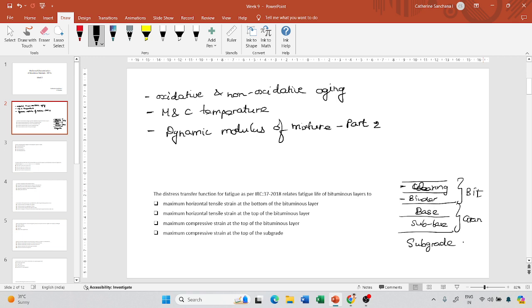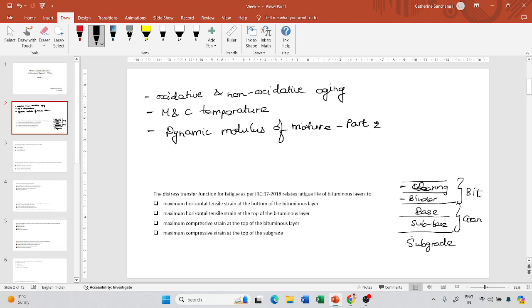So the strength of the foundation soil is measured in terms of the CBR value, right? Either you take the CBR of the actual subgrade, or if it is not of the required CBR value, then you will compact it and you will take the CBR value of the compacted subgrade.